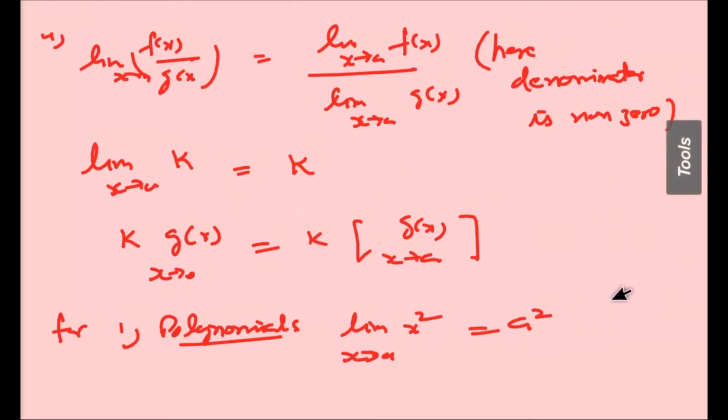So the answer is direct since it is a true limit, as I have already explained in the previous lectures. So for all polynomials, if you don't understand polynomials, you should read the chapter on polynomials first. We can explain for x to the power n, limit x tends towards a, we can directly put x equal to a since it is a true limit.